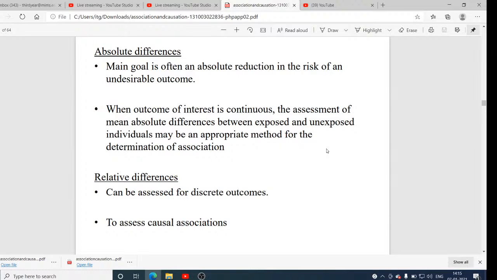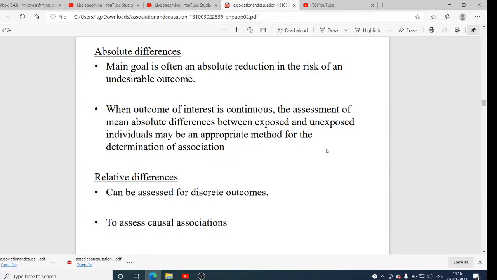When the outcome of interest is continuous, the assessment of mean absolute differences between exposed and unexposed individuals may be an appropriate method for the determination of association.